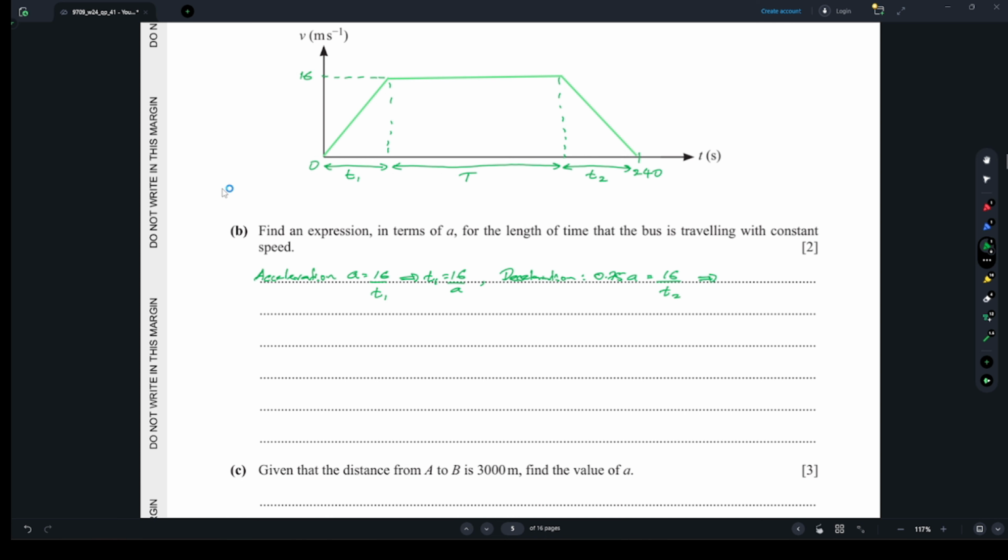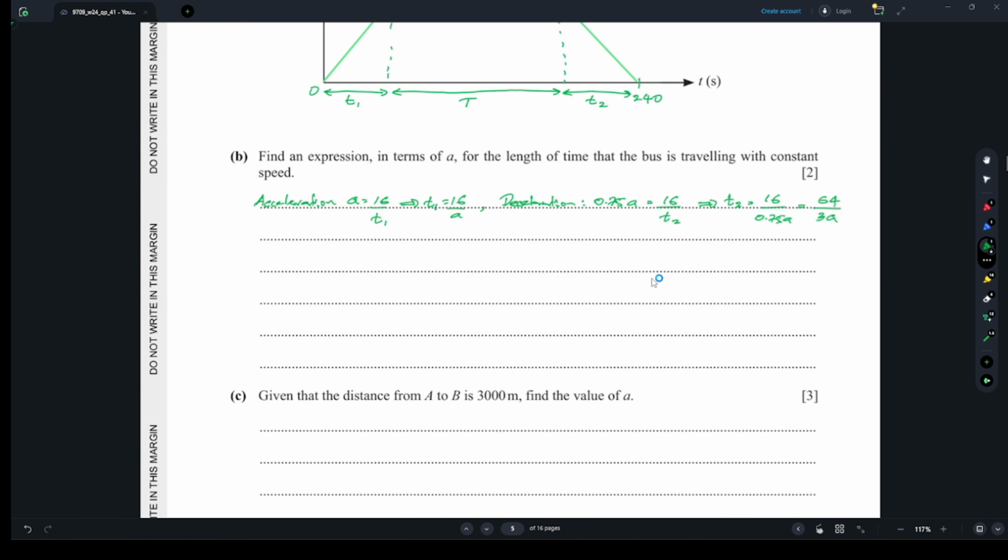So from this one, t2 equals 16 over 0.75a. I would simplify a little bit. 16 divided by 0.75, you will receive 64 over 3a. Okay, now we know t1 and t2 in terms of a.